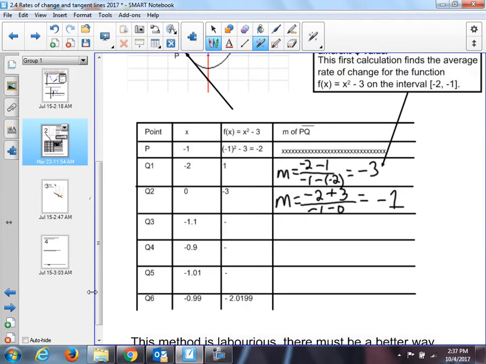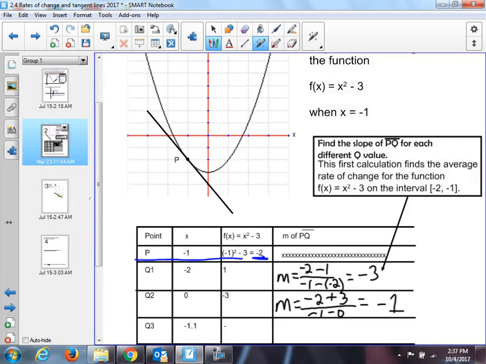Here's my point. Point P is always going to be this -1, -2. Where did I come up with -2? From that function, x squared minus 3, right? So I plugged in -1, and that's how that came up. So you got that there, right?